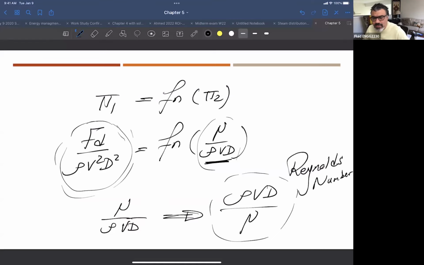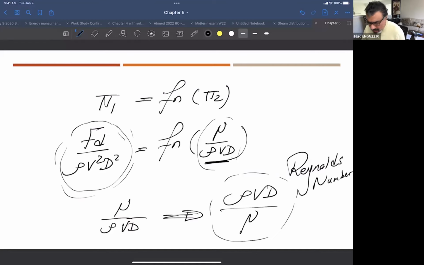Reynolds himself, when he investigated the effect of the density, viscosity, and the diameter, ended up with certain values: if this number is below 1,000, the flow is like this. If the number is above 2,000, the flow is like this. So it's a very well-known number in fluid mechanics.